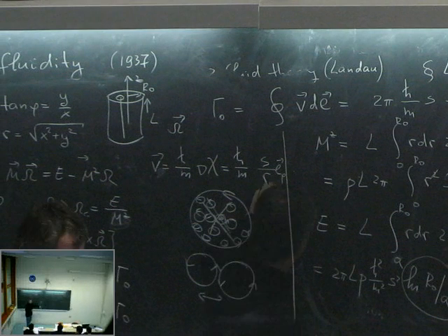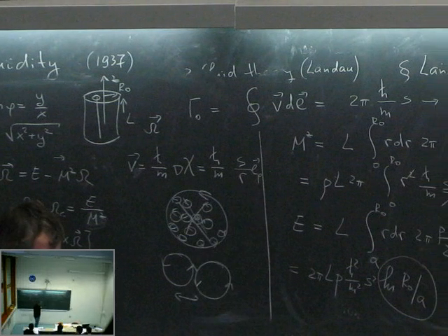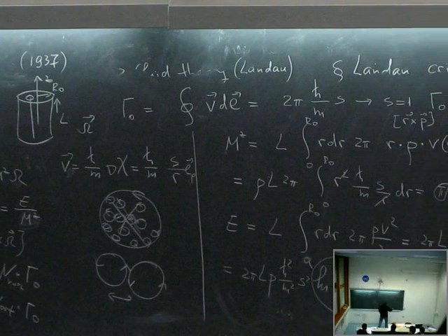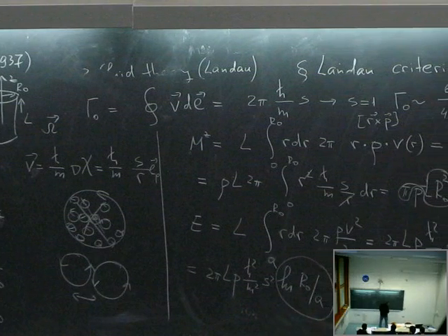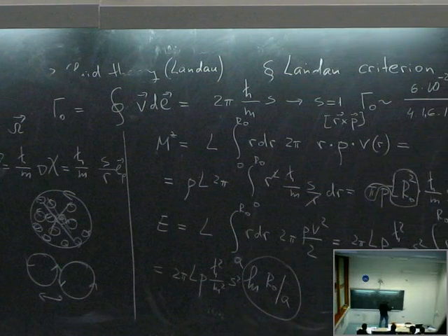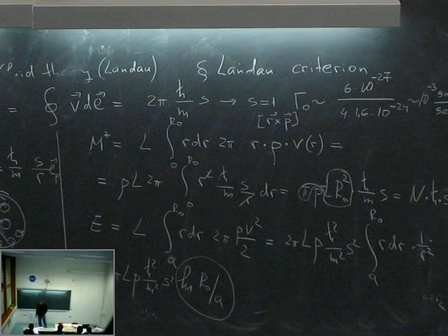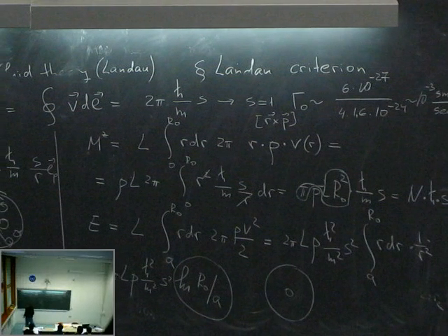It's not a global one of the system. But of course, if you create vortices in the system, from a symmetry point of view, it's quite natural that you create the first one in the center of the rotating container.